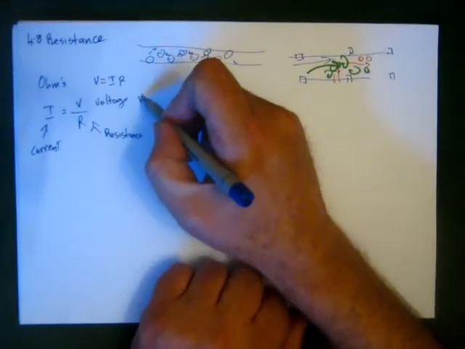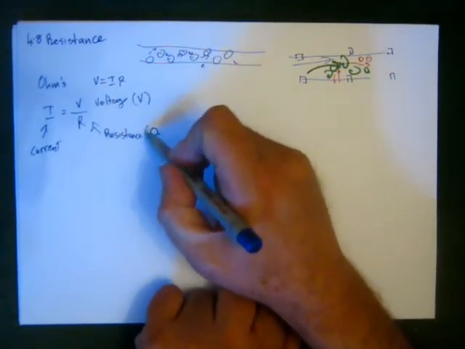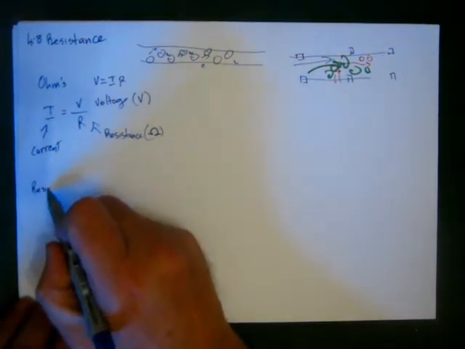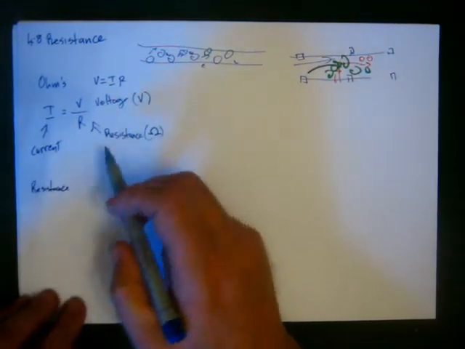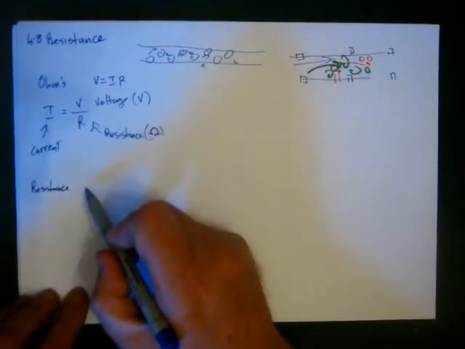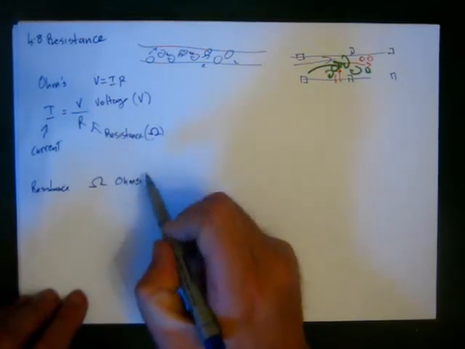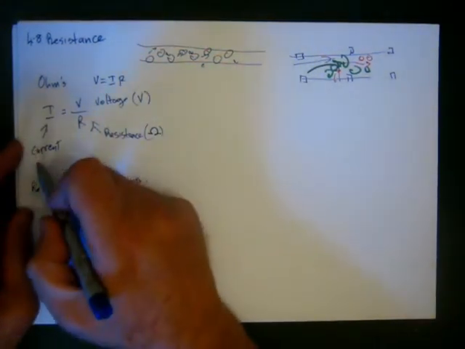So voltage is going to be V. Resistance has got a symbol, usually R, and has unit of ohms. As you can see, the symbol is R there, and the current is going to be in amperes.